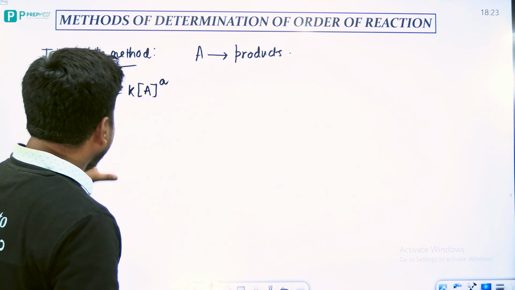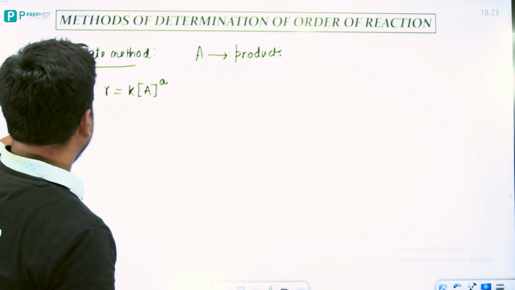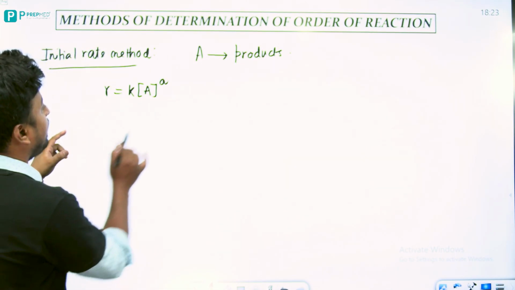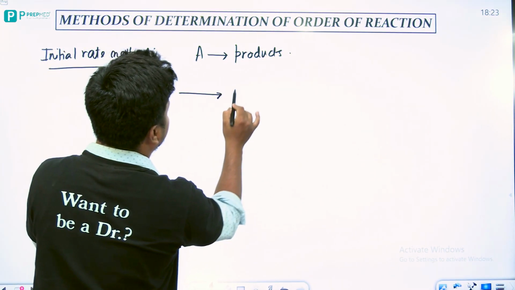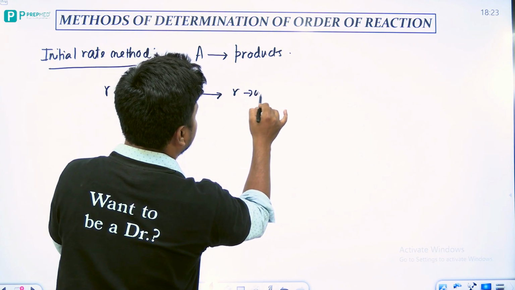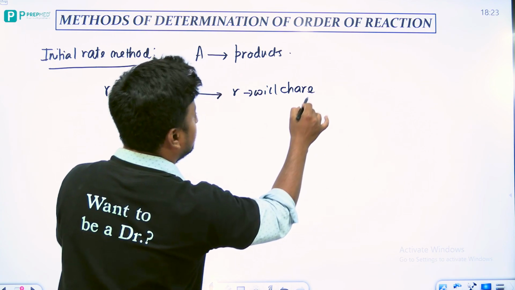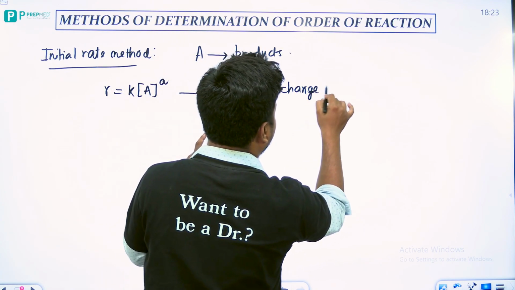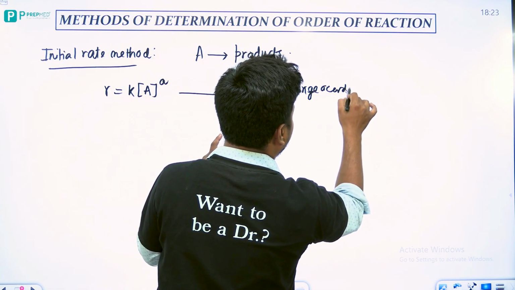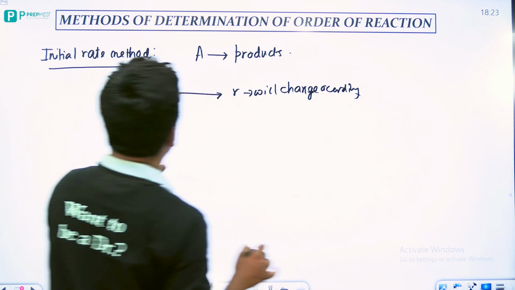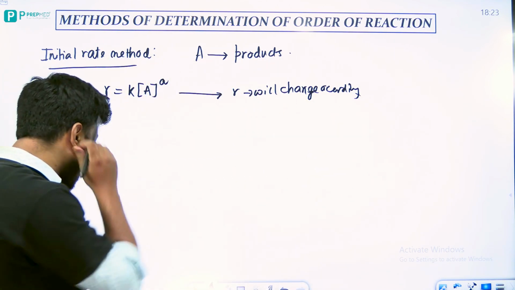Now see, R is the initial rate, and as time proceeds, this R will change accordingly. The thing is how the R will change.